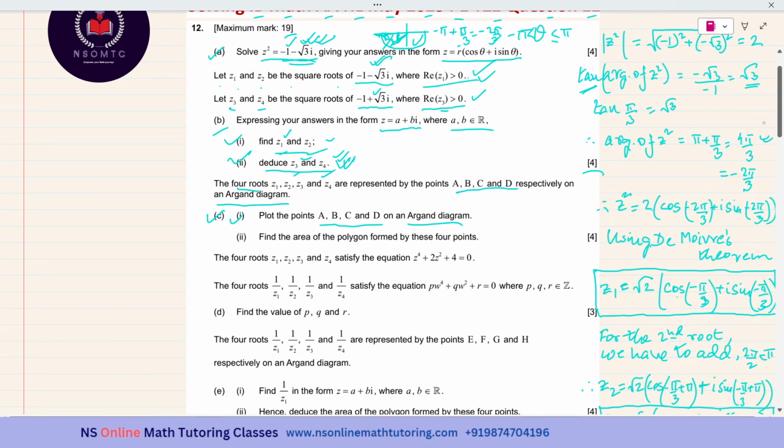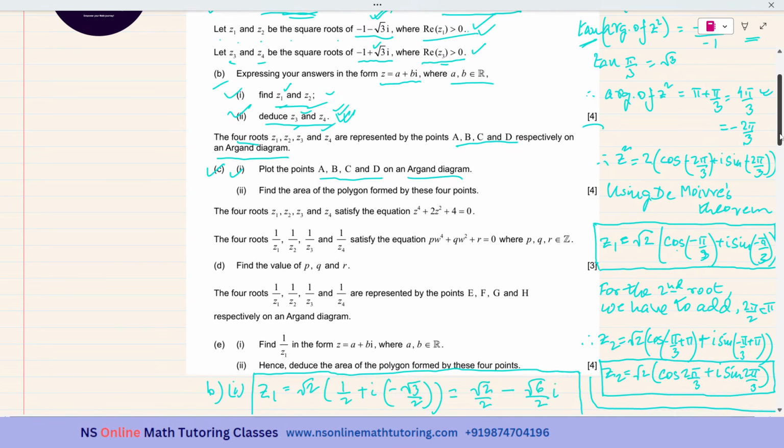In order to plot these points on an Argand diagram, I will prefer this representation instead of the Cartesian form. Because over here I can see the angle, and if I draw a circle of radius root 2, I will just be plotting the points according to the angle on the circumference of the circle.